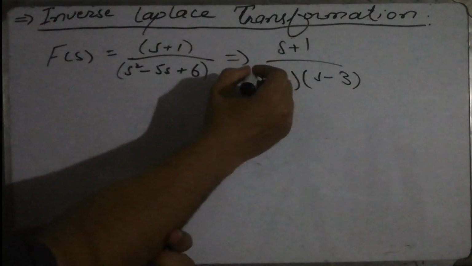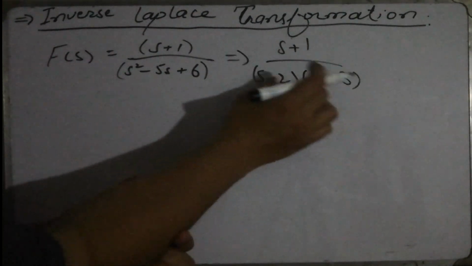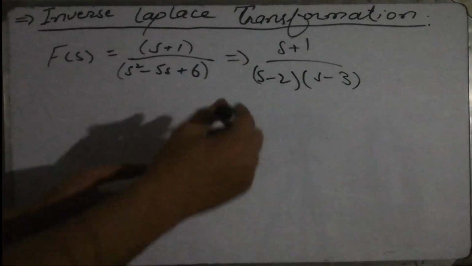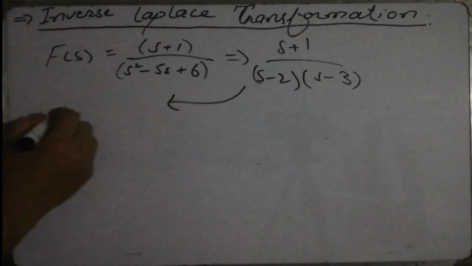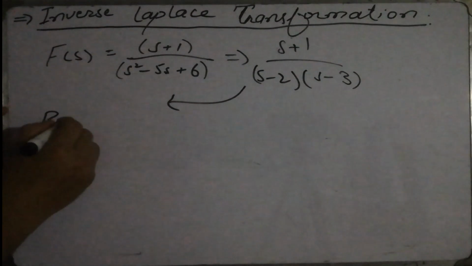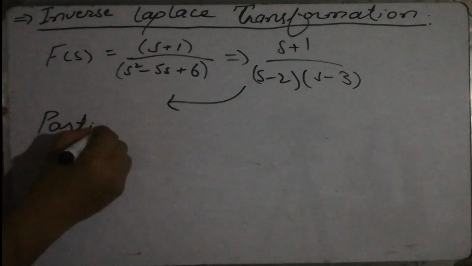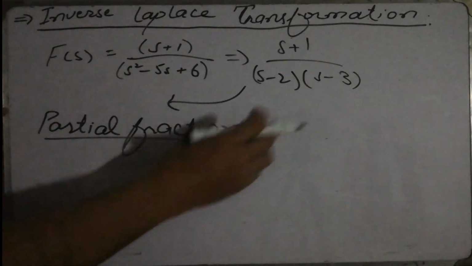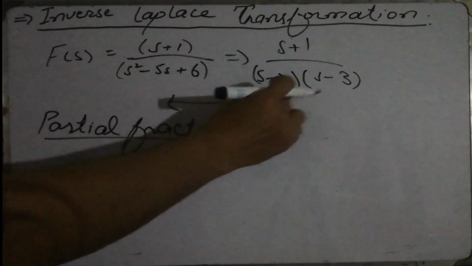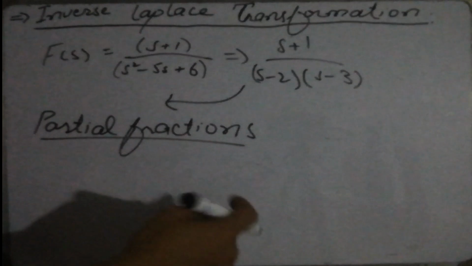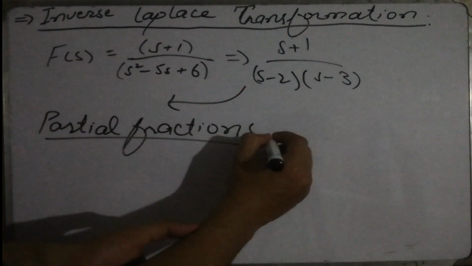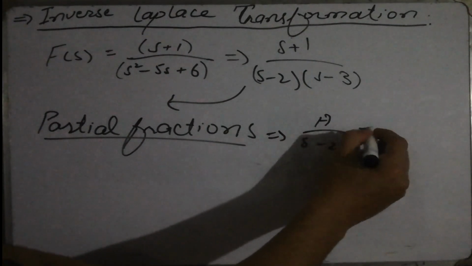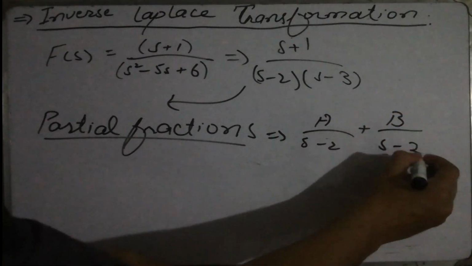But we can separate these denominator factors using another technique, which is the most popular one, known as partial fractions. Using that technique, we can separate these factors in the denominator, and we would be getting the result as this.